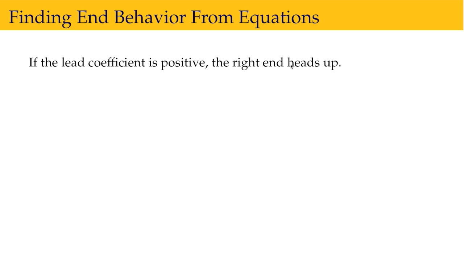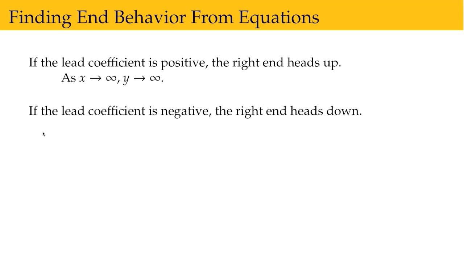Now, heading up is not mathematically precise language, but we can put that into our new notation. As x approaches infinity, so that's my right end, y will approach infinity. Now, if the lead coefficient is negative, like we had in the previous example, the right end heads down for exactly the same reasons we had in the example.